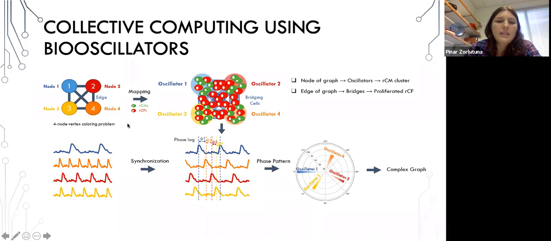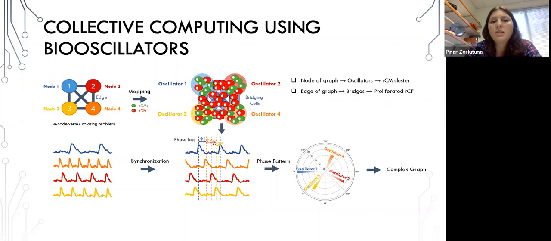Then the nodes, or the bio-oscillators, are seeded with a mixture of muscle cells and fibroblasts. So as in the heart, the presence of a few fibroblasts in these nodes would not affect the oscillator behavior of the cardiac cells. In fact, it makes them stronger.